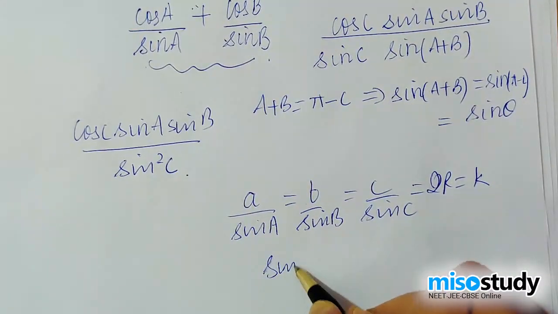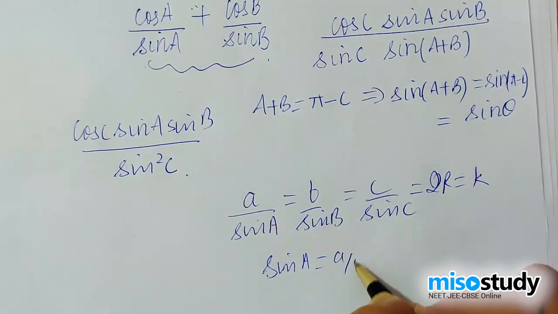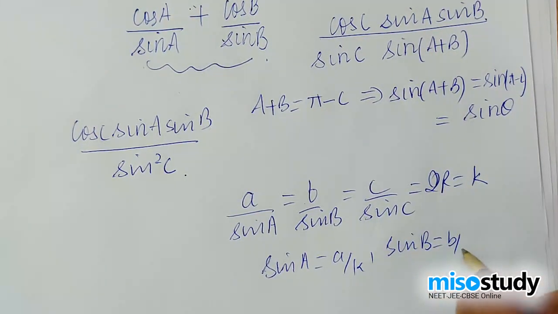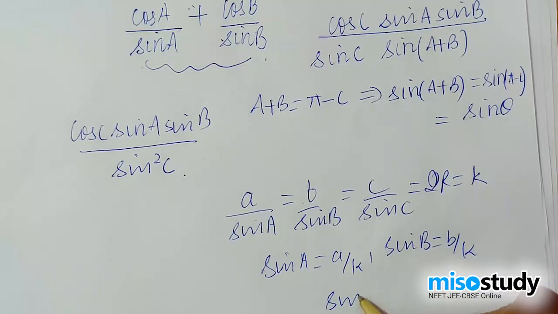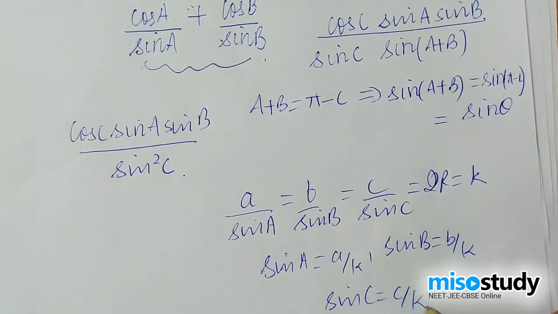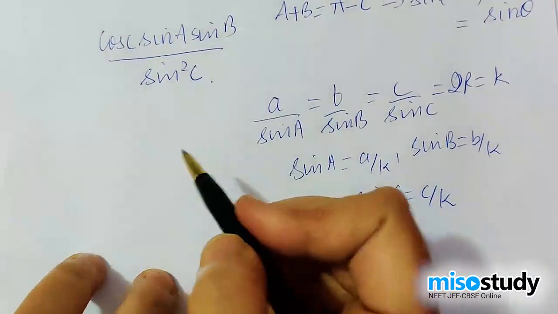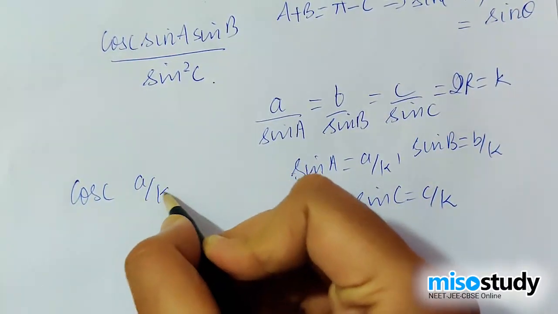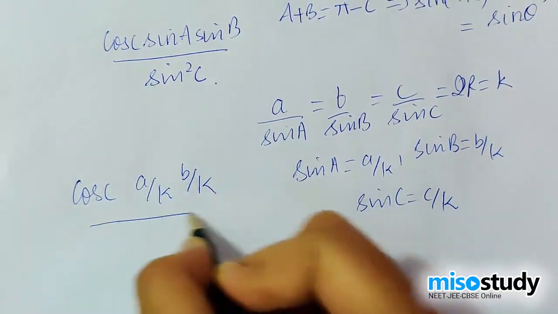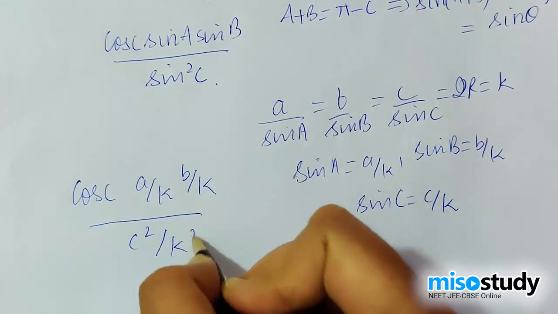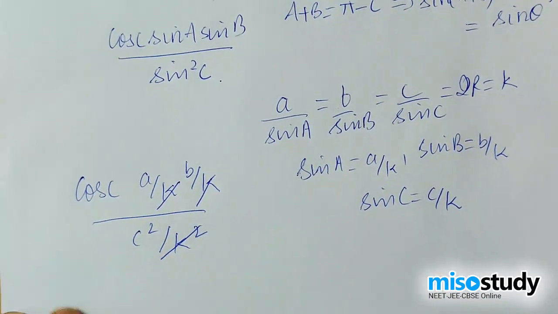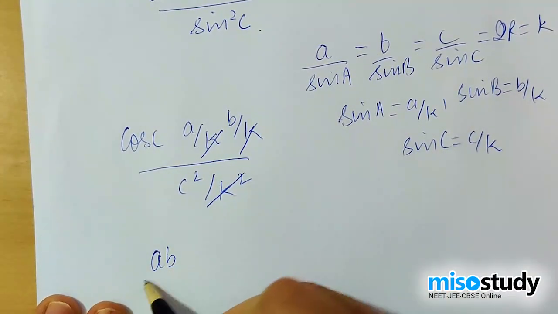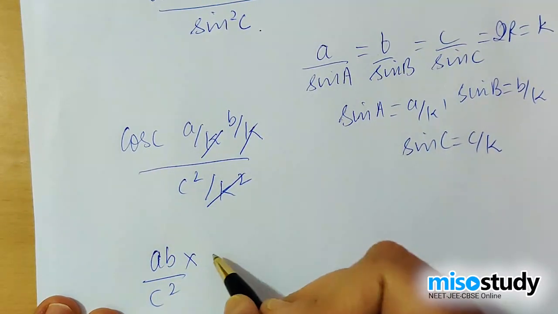So I will have sin A = a/k, sin B = b/k, and sin C = c/k. So putting the desired values over here, I will have cos C times a/k, b/k, and c²/k². So k will get cancelled from both the numerator as well as the denominator. I am now left with ab/c² into cos C. Now let's use the cosine formula.